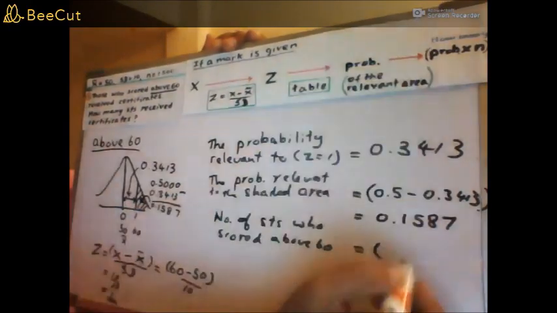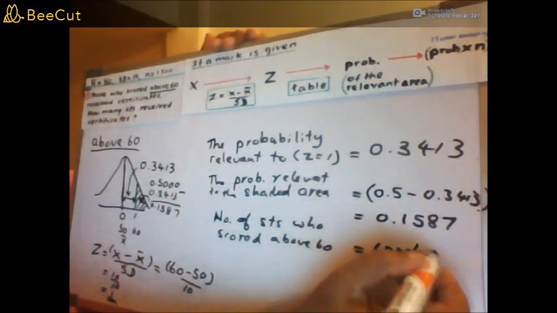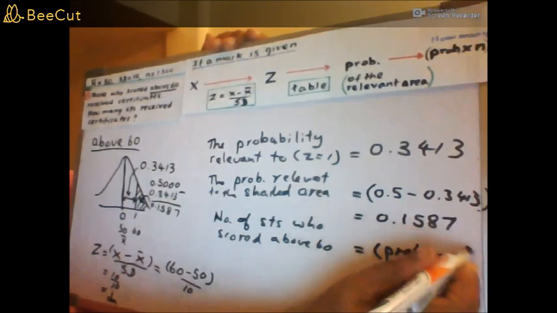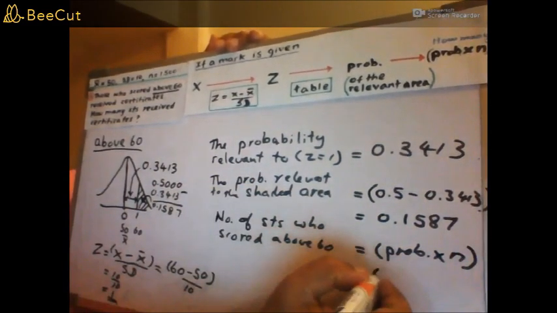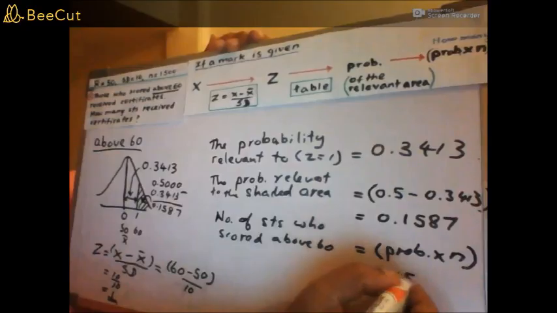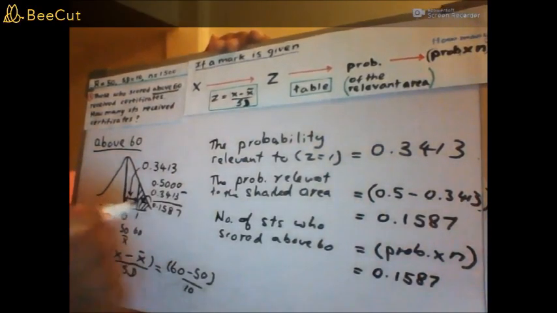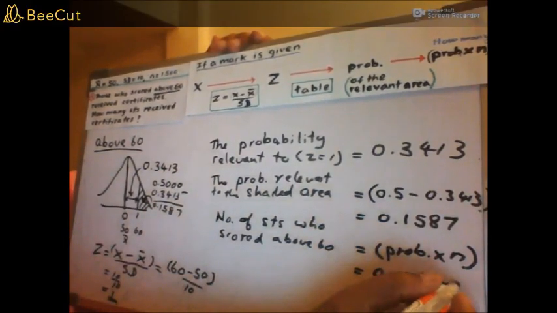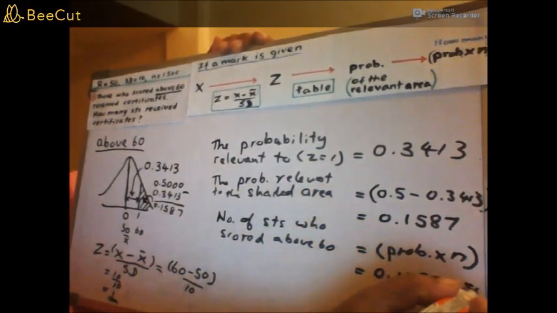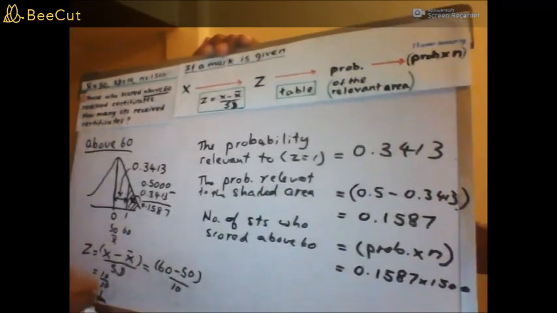So what do you have to do now? Write this one. Probability into total number of students, N. So what is the probability? 0.1587. That's the relevant probability. Here you can find the certificate holders, right? Multiplied by 1500. Right.